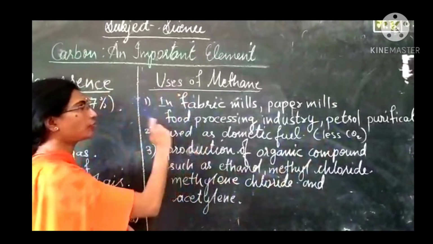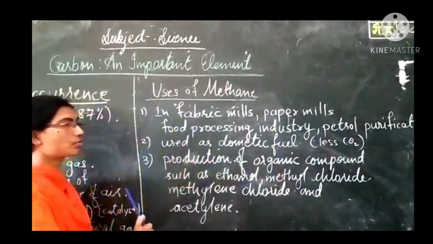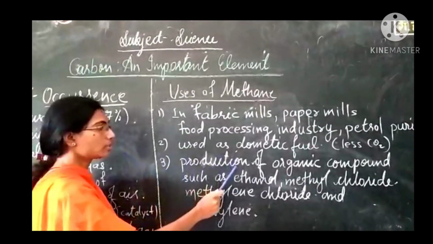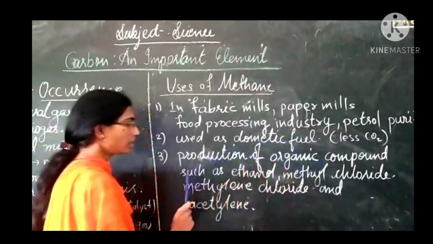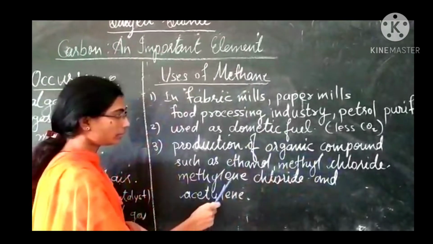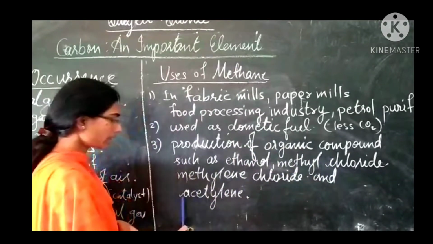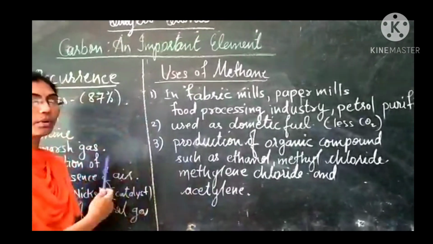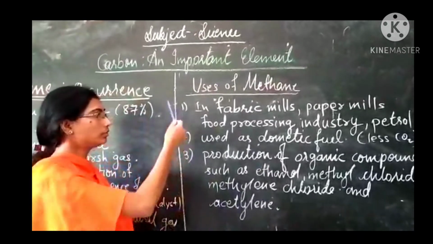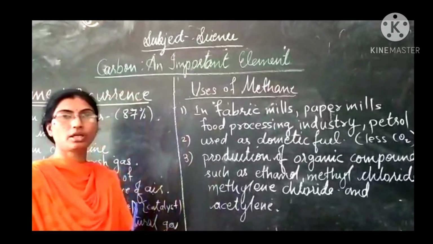This is a plus point of methane gas, and that's why it is used as a domestic fuel. Then it is used to produce some organic compounds like methanol, ethyl chloride, methylene chloride and acetylene. So these are the uses of methane gas.